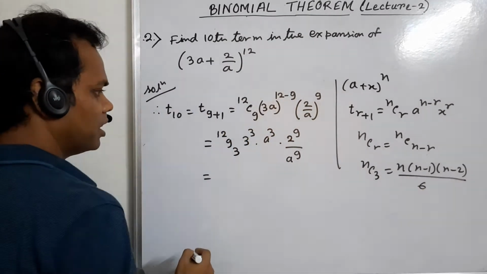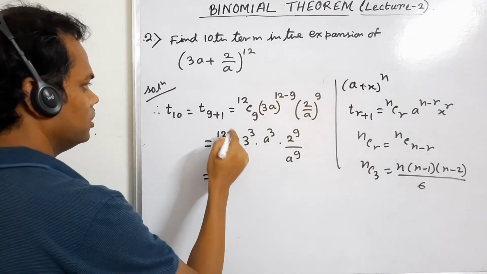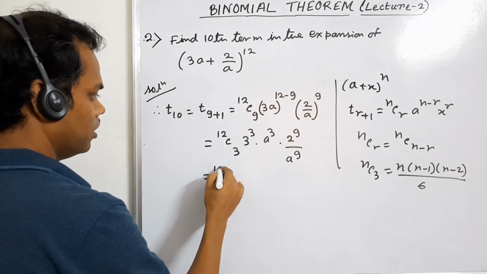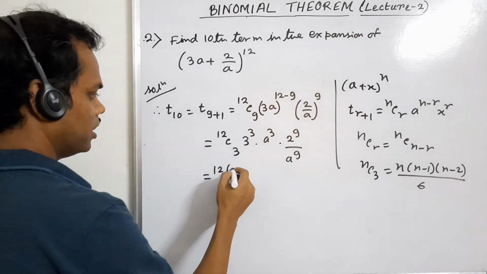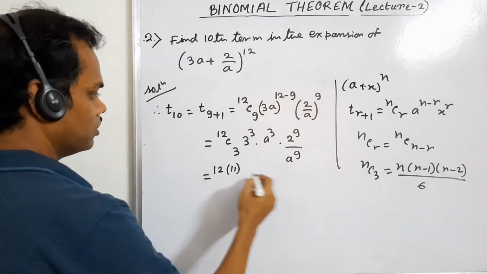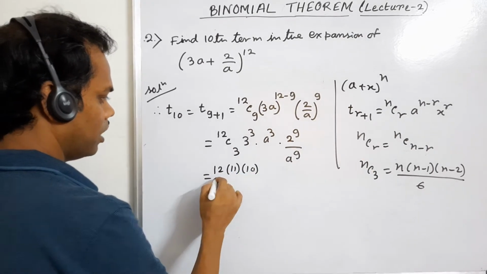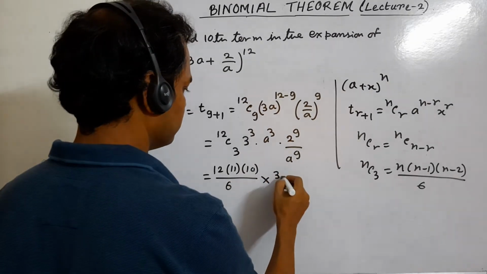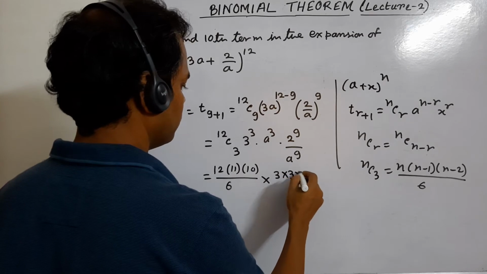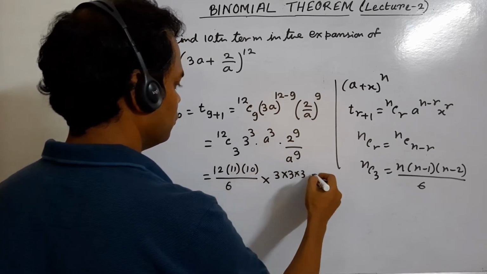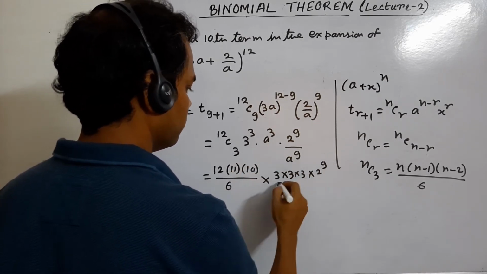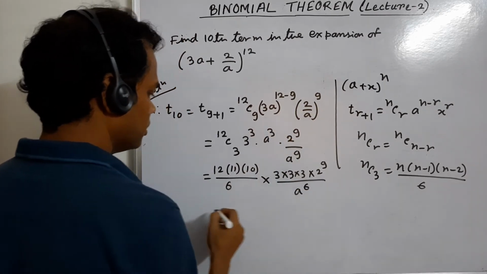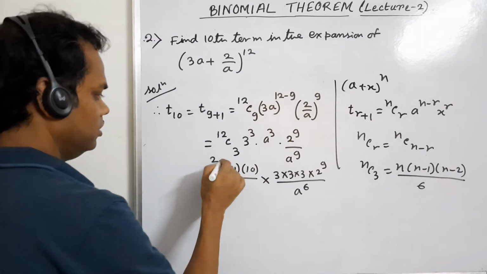So 12C3 is equal to 12 into 12 minus 1, that is 11, into 12 minus 2, that is 10, by 6, into 3 to the power 3, that is 3 into 3 into 3, into a to the power 9 by a to the power 9, which after cancellation gives a to the power 6 in the denominator.